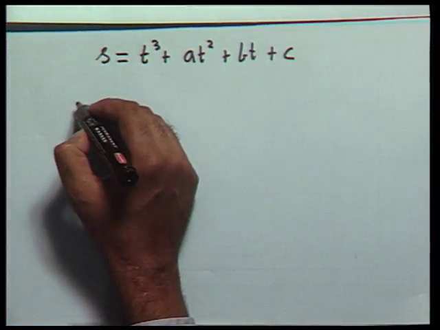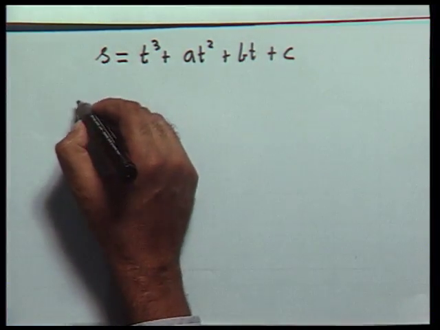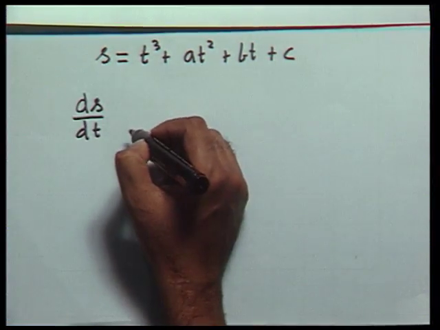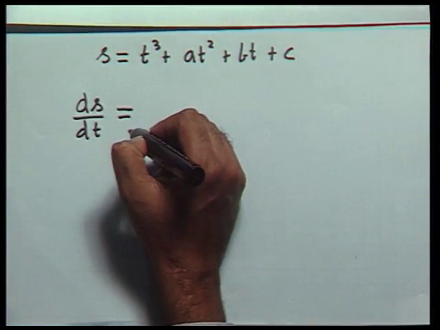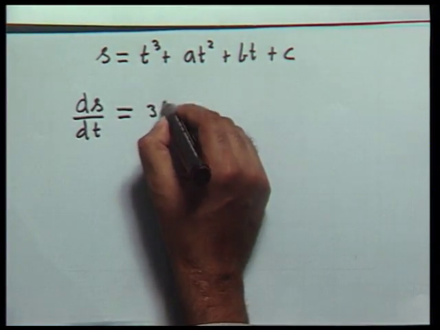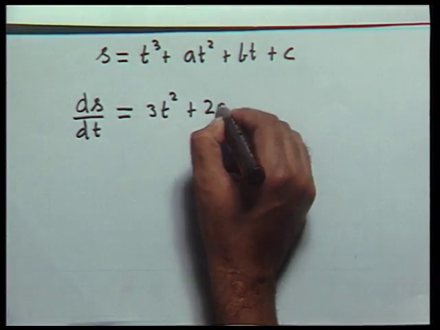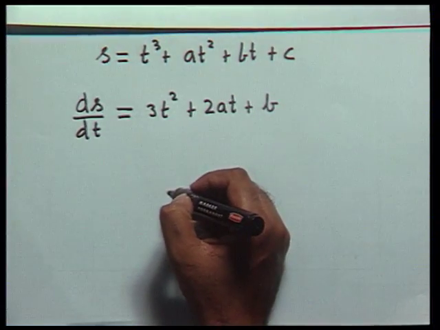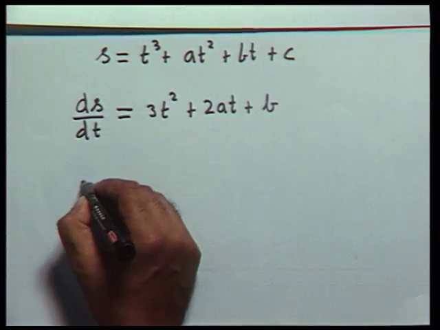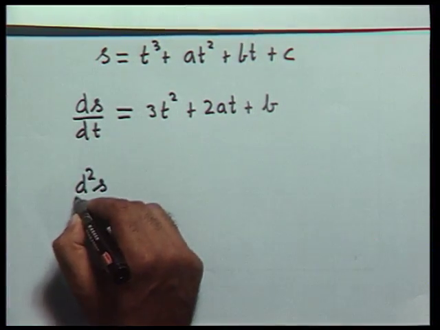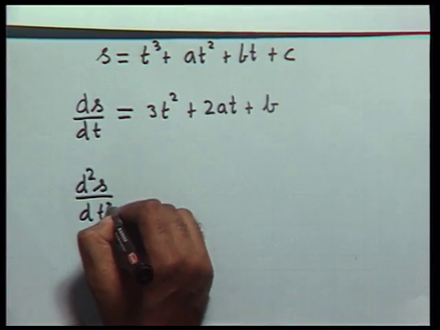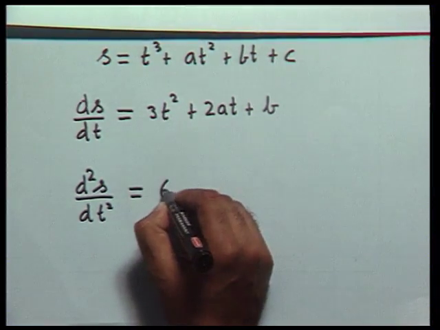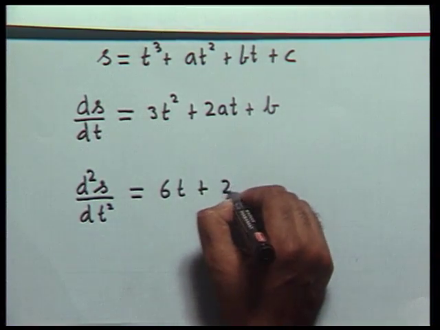Now, what will be the velocity? The velocity would be ds by dt at the instant of time t. By our knowledge of derivatives, ds by dt would be 3t squared plus 2at plus b. What would be acceleration? It would be the second derivative of s, or the derivative of velocity, d2s by dt squared. That is the derivative of this expression, that is going to be 6t plus 2a.